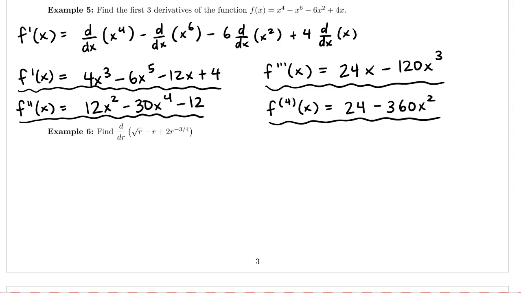Example 6 says find the derivative with respect to r of this function here, and I want to rewrite the square root so that it's to the 1/2 power. And I'm going to separate the derivatives.